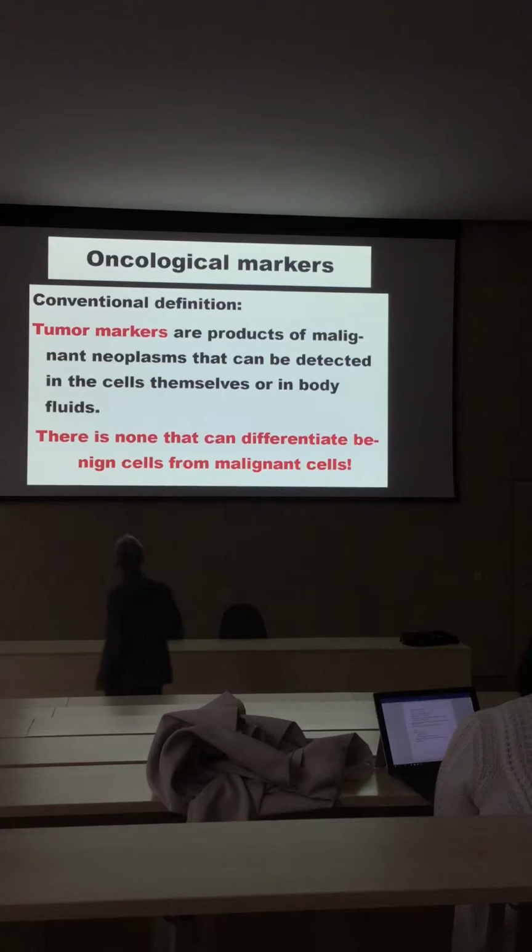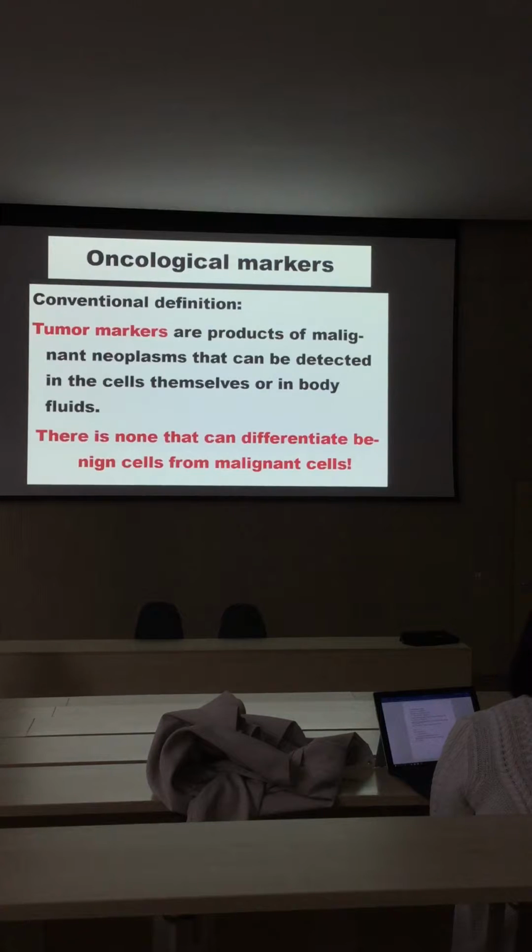Markers are products of malignant neoplasms which allow us to draw conclusions about the biological behavior. Don't forget, there's no marker, none, and I doubt there ever will be one, that will tell the difference between a benign lesion and a malignant lesion, no matter how sophisticated the technique is.